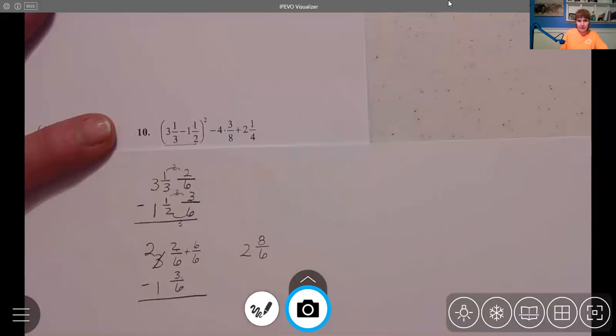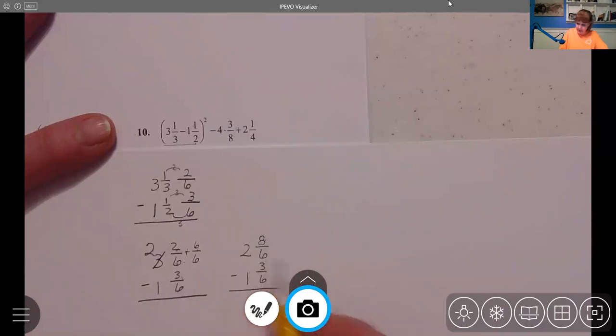Okay. All right, so I borrowed and I added the 1 to the fraction. The 6/6 is the one I borrowed, and I'm adding it to the 2/6. Minus 1 and 3/6. Which gives us, for our parentheses, 5/6.